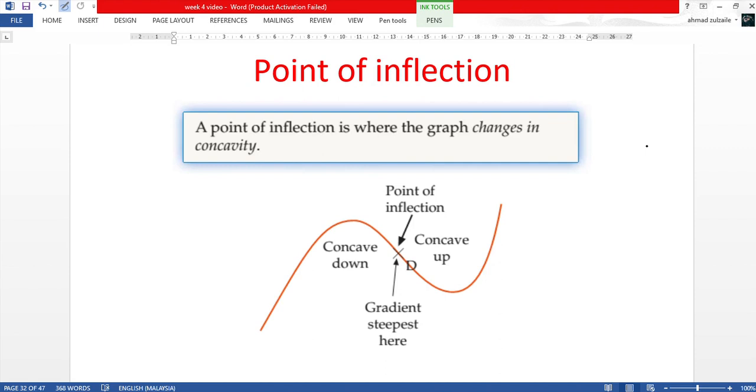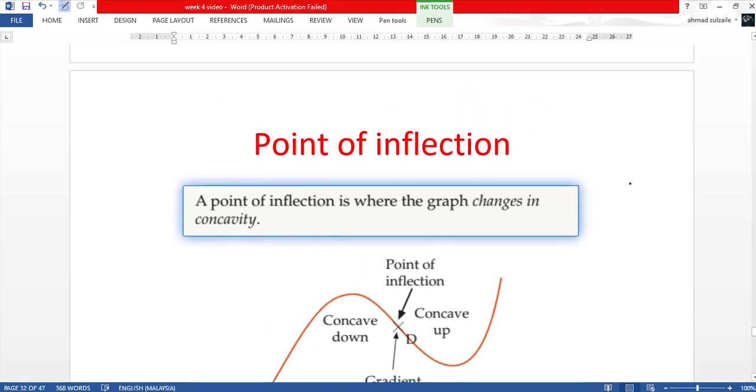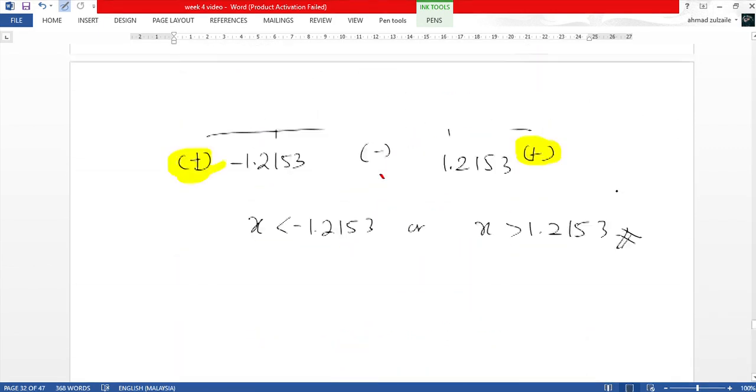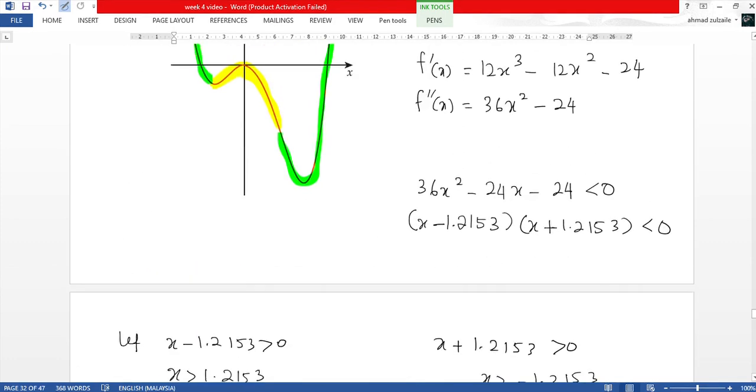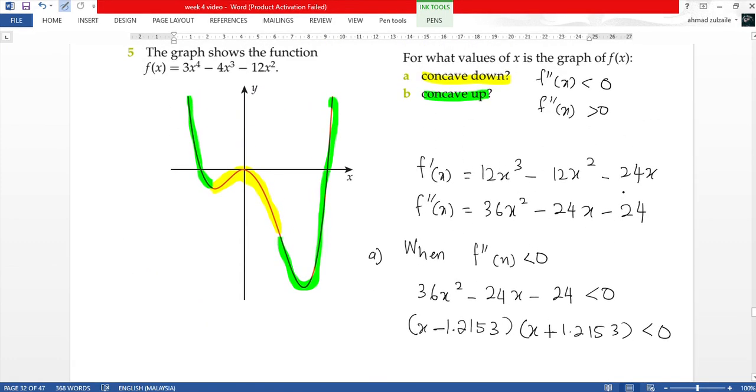One more thing, if you notice, in the previous example, I highlighted the line of concave up and in between concave up and concave down. I sketch only half of it.